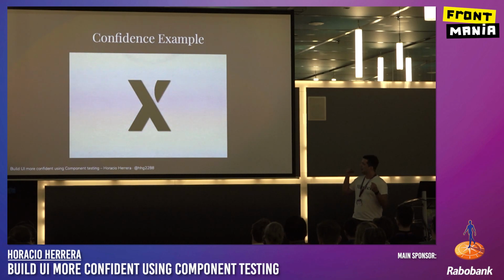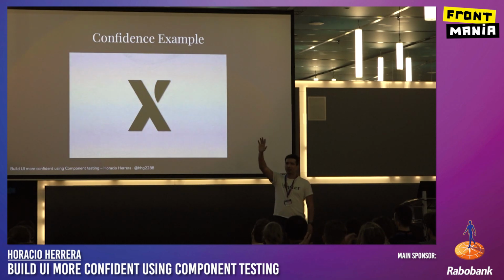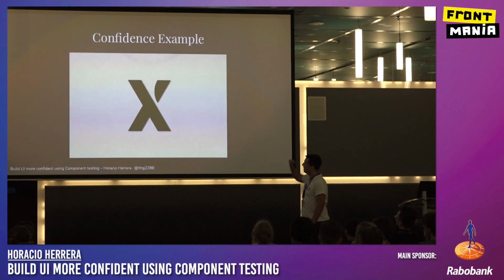Then I started learning about XState, or state machines. Who knows XState or state machines or anything like that? Okay, some people, good. That's another thing that we need to learn, by the way. State machines are a way to represent the behavior of our application.